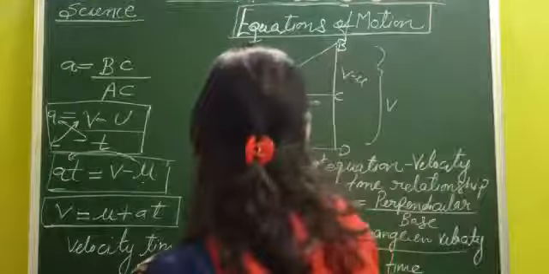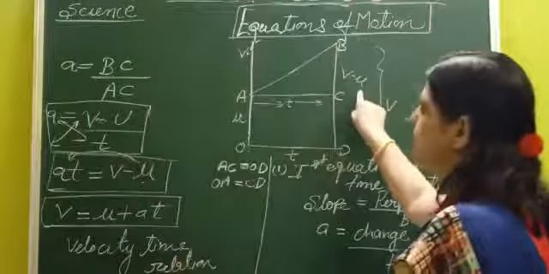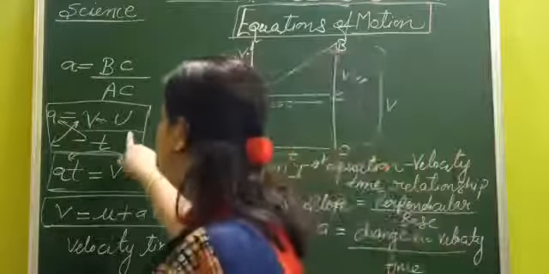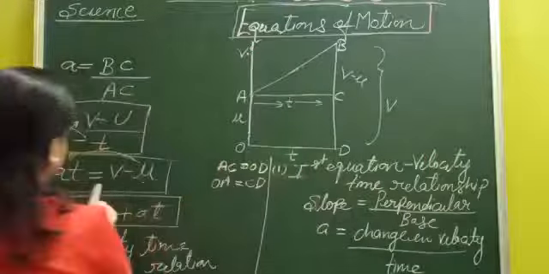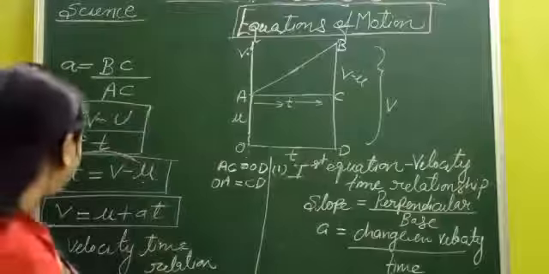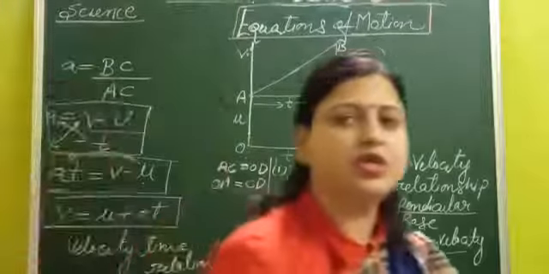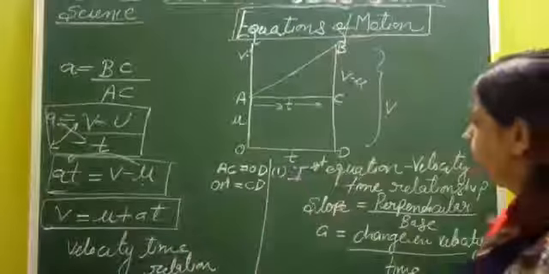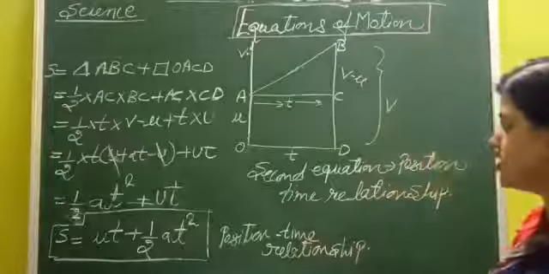Perpendicular is BC, value v minus u, base is AC, which is t. Cross multiply, students. So at equals v minus u, v equals u plus at. So this is the first equation. Now I am starting the second equation. Students, the first equation is clear.